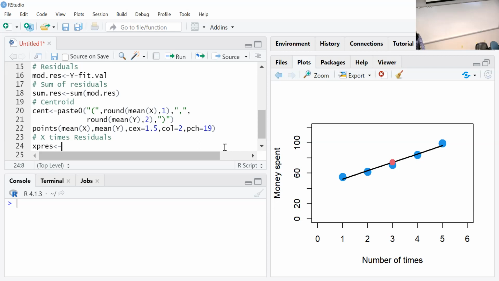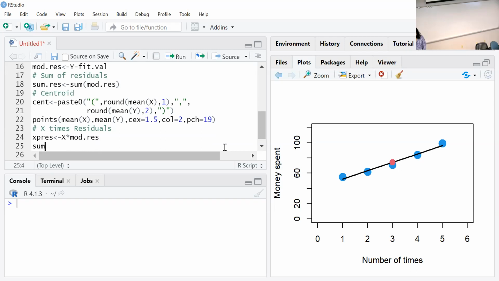I'm going to multiply x with all the residuals. So x times the residuals. Now I'm going to sum them all together.